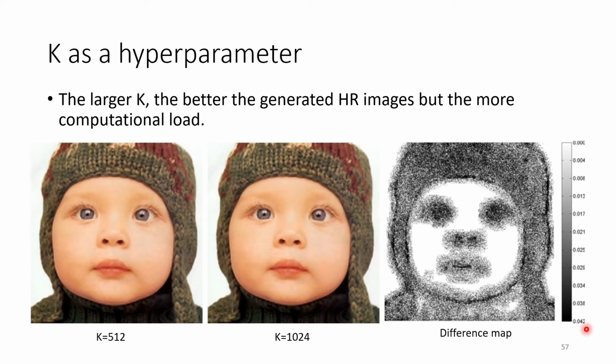So the intensity on the 255 scale, times 0.4, is around 10. Visually, it's difficult for us to spot the difference. But if I show the result here, you can see for smooth regions, there's almost no difference, but for texture regions and edge regions, there are some differences.